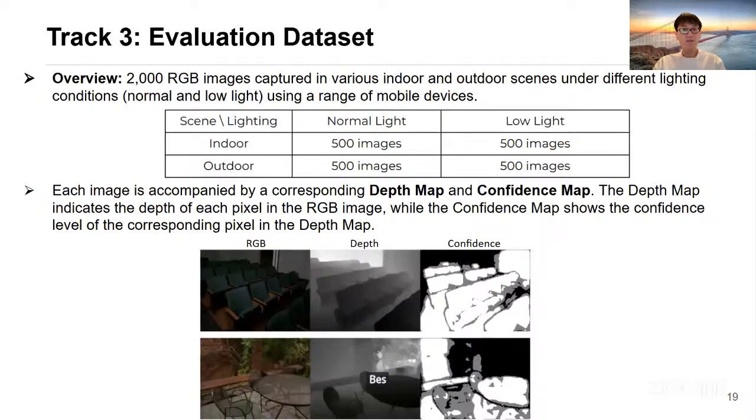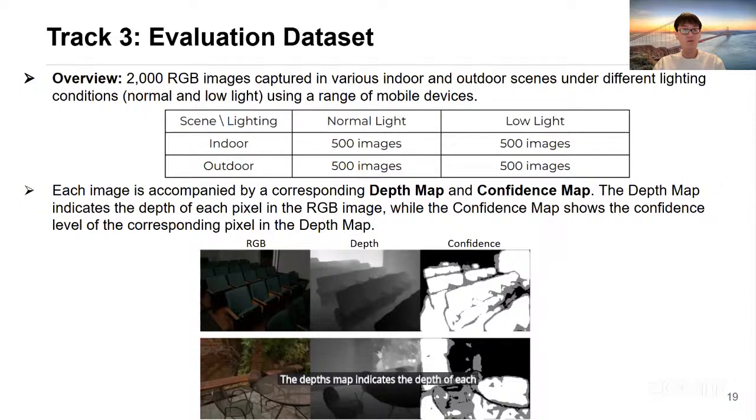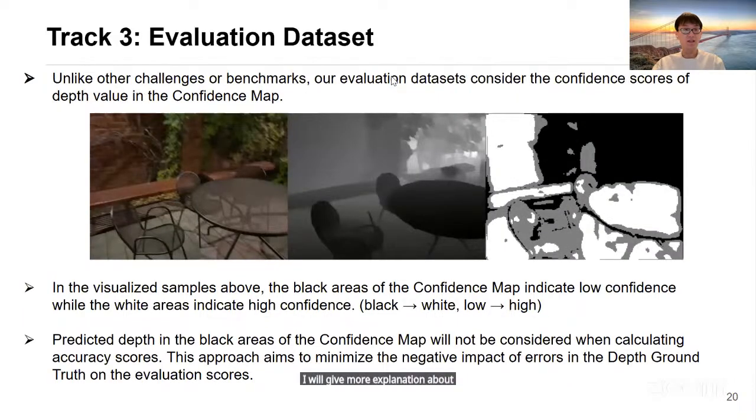Besides the RGB image, we also provide a corresponding depth map and confidence map. The depth map indicates the depth of each pixel in the RGB image, which can be considered as the ground truth, while the confidence map shows the confidence level of the corresponding pixel in the depth map. I will give more explanation about the confidence map in the next slide.